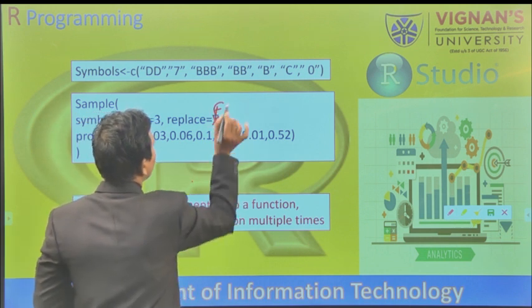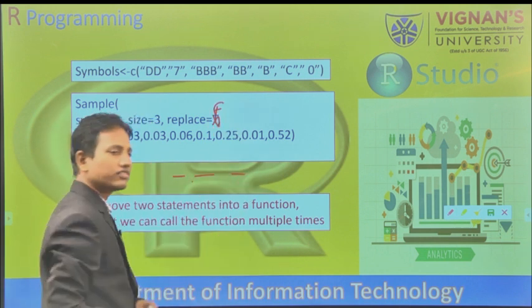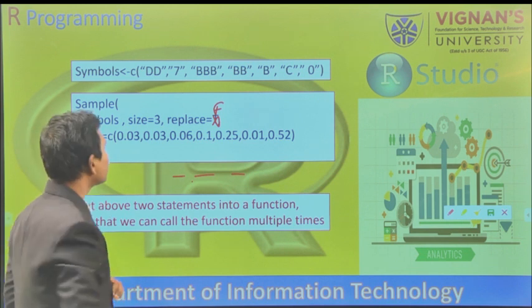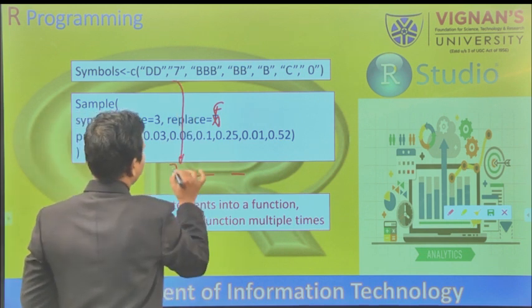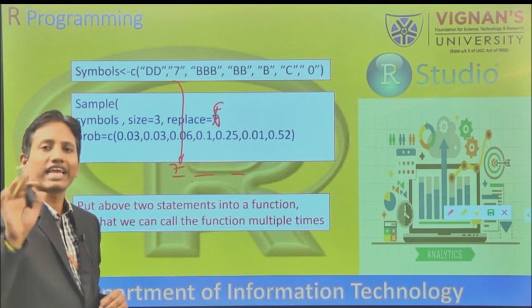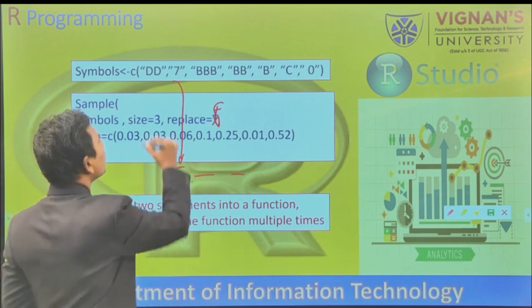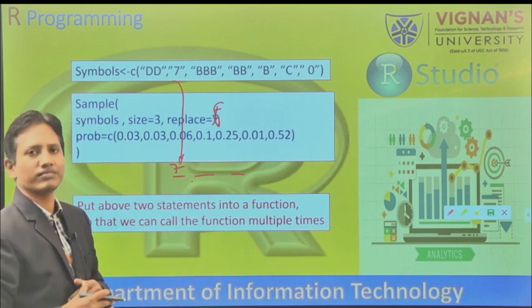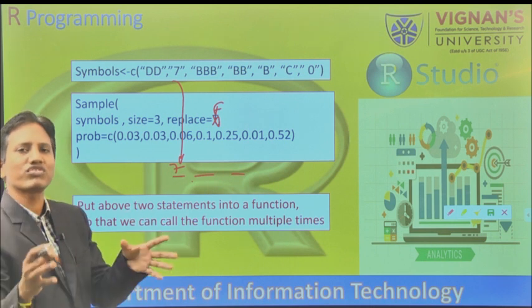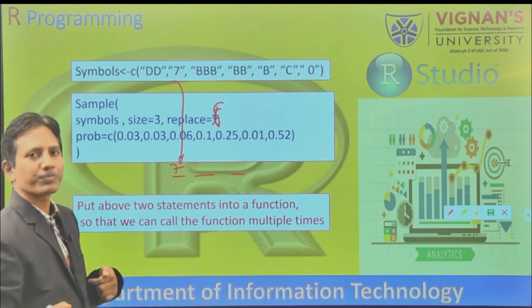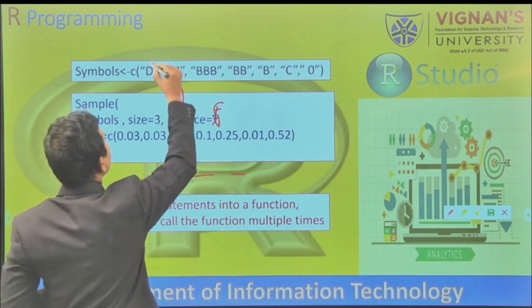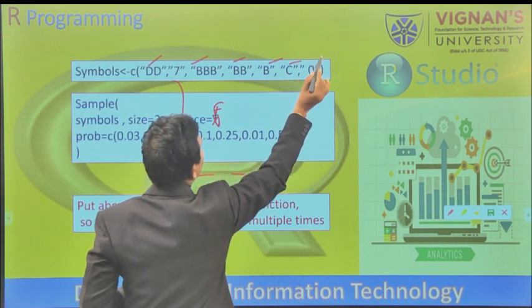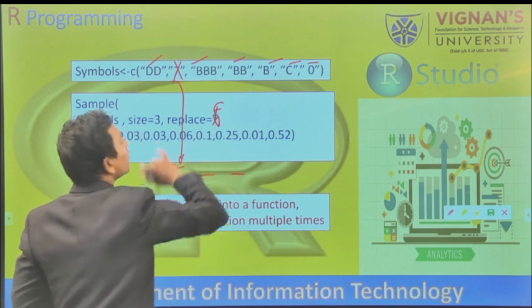So replace equal to false, 3 values it has to select. First it has selected 7. Second time, this 7 is not going to be put back in the list. So obviously there is no chance to pick that 7 again. So it has to pick either this one, this one, this one, this one, this one, or this one.